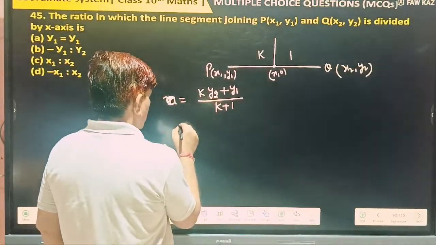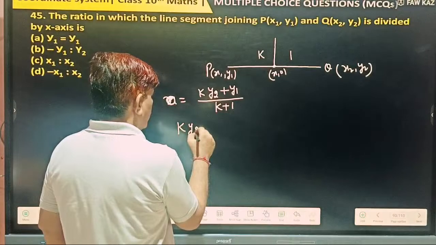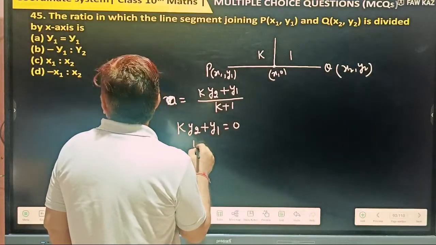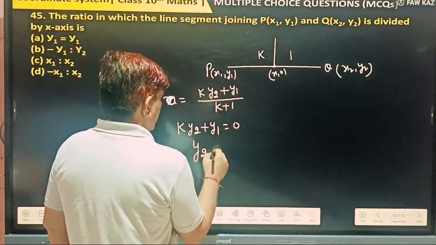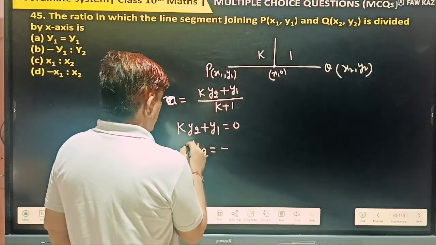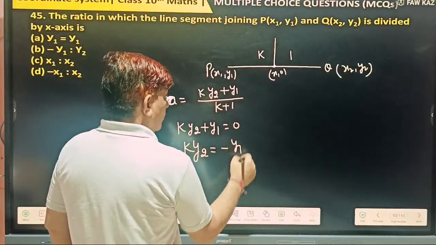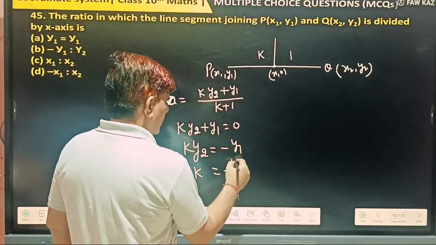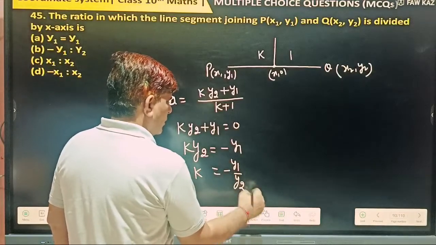Bring it to this side. So k y2 plus y1 is equal to 0. So k y2 is minus y1. And what's the value of k? The value of k is minus y1 by y2.